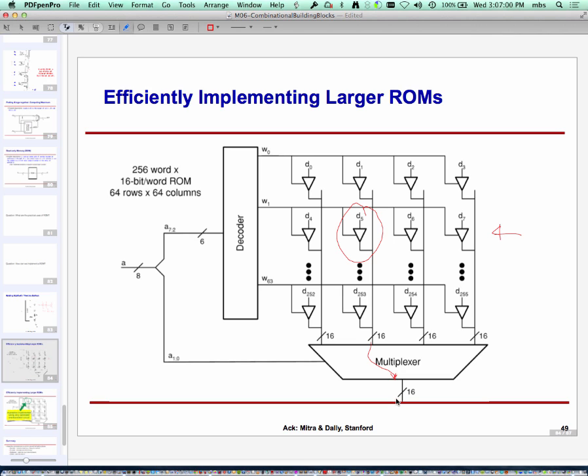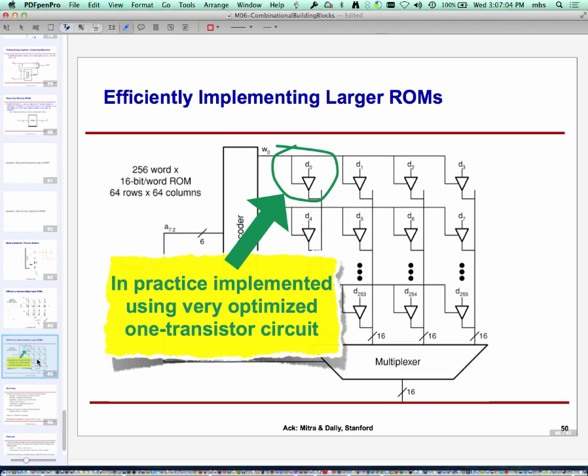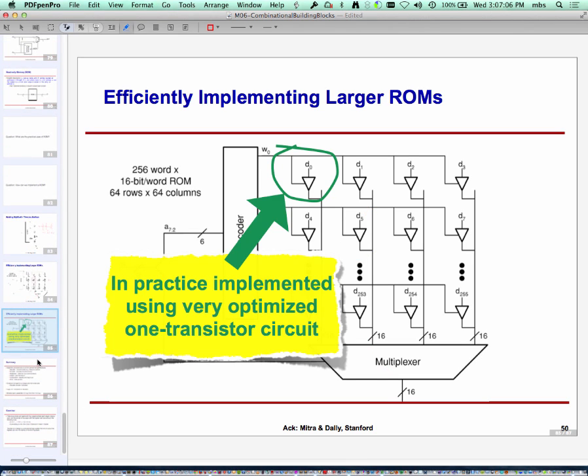So that was ROMs. If you have a ROM, then you can implement arbitrary logic functions, but it's not the most efficient way of doing things. When people design these chips, they design this little part, each cell, and put a lot of effort into making it very tiny, because when you are buying memory which has several gigabits, these things add up.